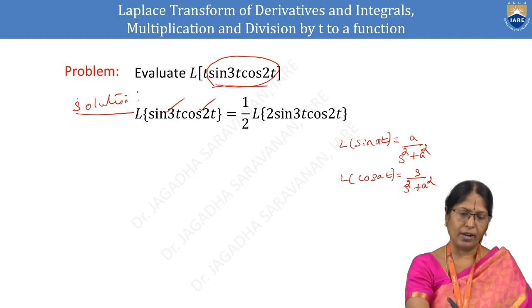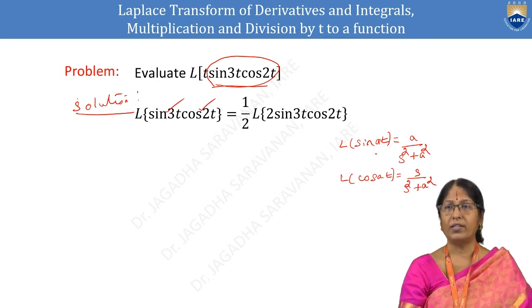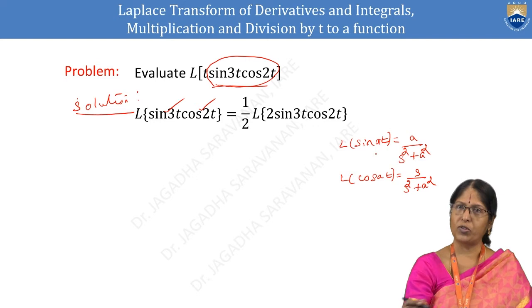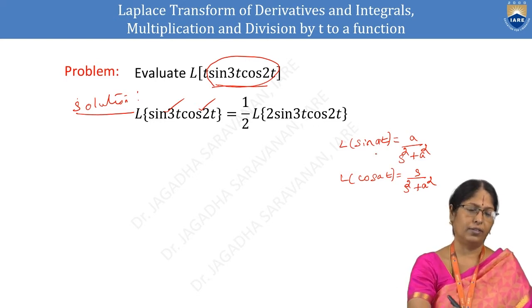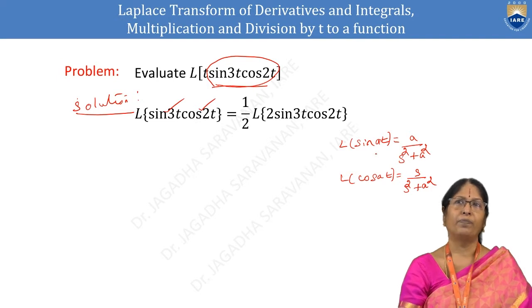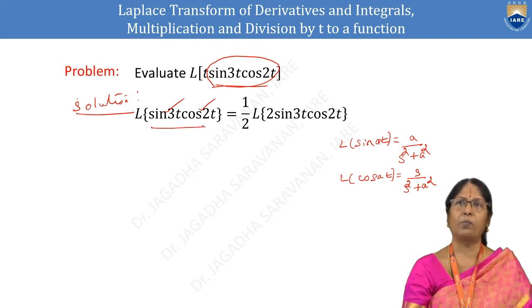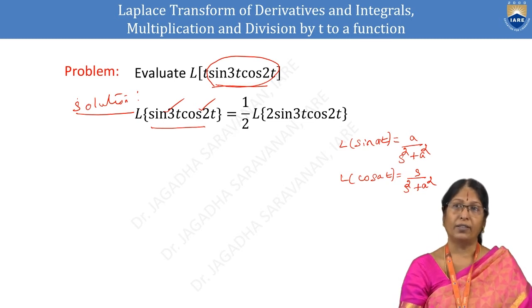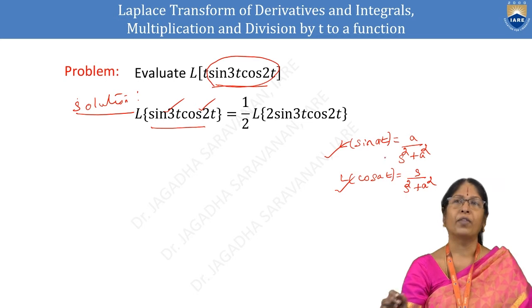So the relevant combined Laplace formula is not available. Then how to proceed if the trigonometric functions are under multiplication? Is there any relevant trigonometric formula? There is. Before suitably applying the Laplace formula, we have to think first.